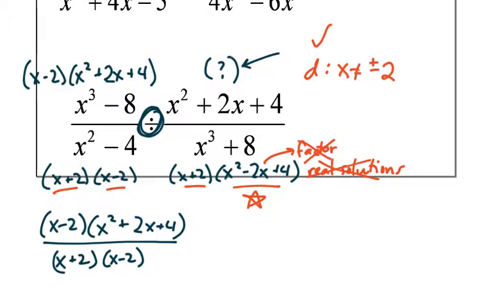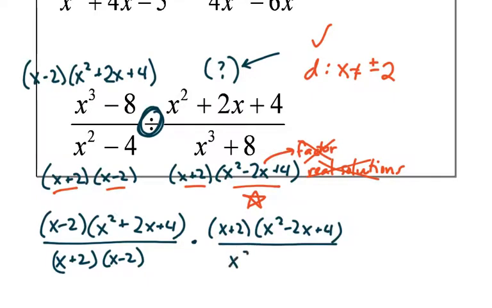Now I'm going to write the reciprocal of the second fraction, but I'm going to go ahead and flip it in its factored form. So it's a little bit tricky, but we factored it first, so we saved a lot of time by doing that. All over the strange thing that did not factor.